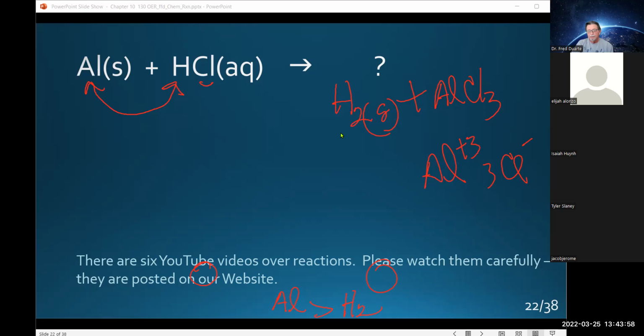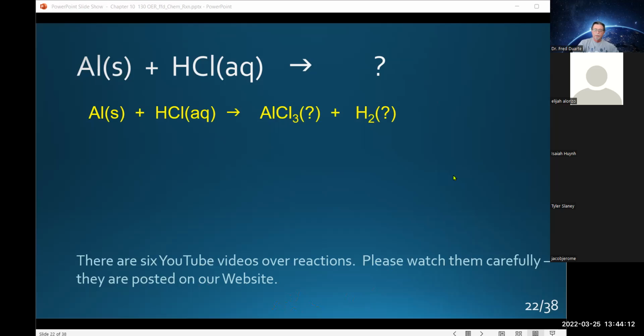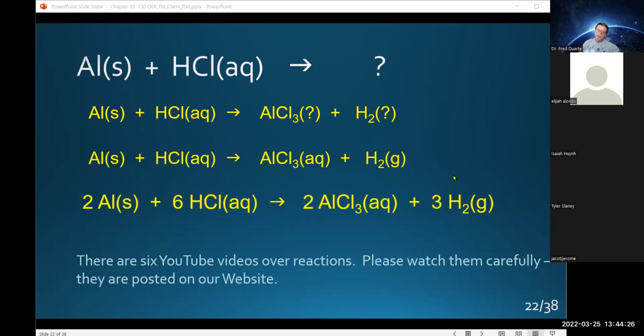The metal becomes the salt, and then the hydrogen goes back to the elemental form. Okay, so that is the formula, and then obviously we have to put in the physical states. Now we can balance it out, and you end up with 2 aluminums per 6 hydrochloric acids. You generate 2 aluminum chlorides and 3 molecules of hydrogen gas. Okay.